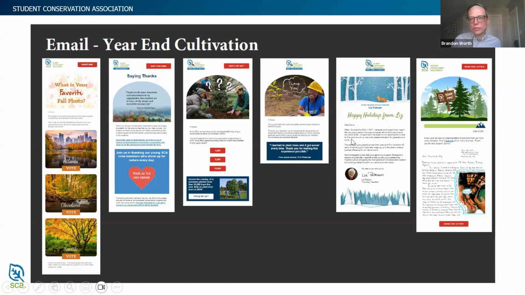So thank yous from our crew members. On the right here, you see a handwritten letter from a crew member that we were able to get into an email. Next to that is a message from our founder that we sent out around the holidays. We did some things like quizzes: can you identify the species of tree that our crew members have planted so many hundreds of?